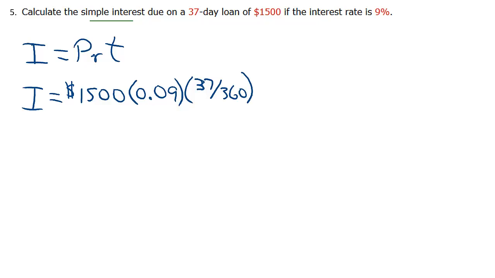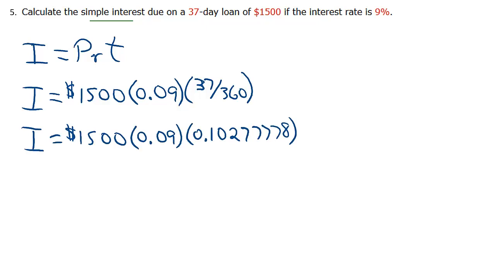And as we said earlier, unless it says using the exact method, when you have the daily interest, you use a 360-day year. That's the ordinary method, and that's the default method unless you see the word exact. So that's 37/360 of a year. And if you divide 37 by 360, you get 0.102777778. Don't round that off too much. You may need those decimal places. You can round at the end.